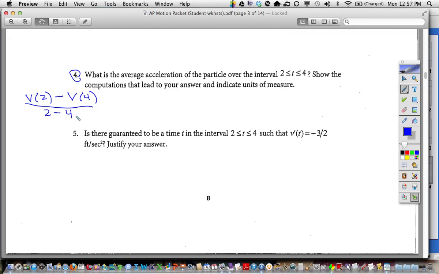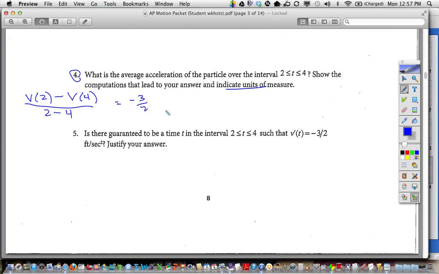So average acceleration is like saying find the average rate of change of velocity. Find the average slope of velocity, which is slope between 2 points. So we just take our velocity curve and we do the slope between 2 and 4. And sure enough, that gives you negative 3 over 2, negative 1.5.